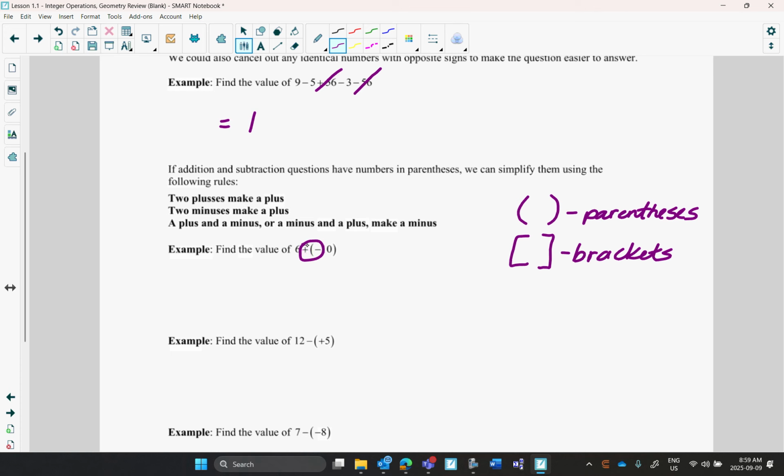And if you subtract a negative, that's the same as plus. So what's an easier way to write this without parentheses? 6 minus 10, because a plus and a minus make a minus. And now we're back to questions we did before. What would the answer to this be? -4.